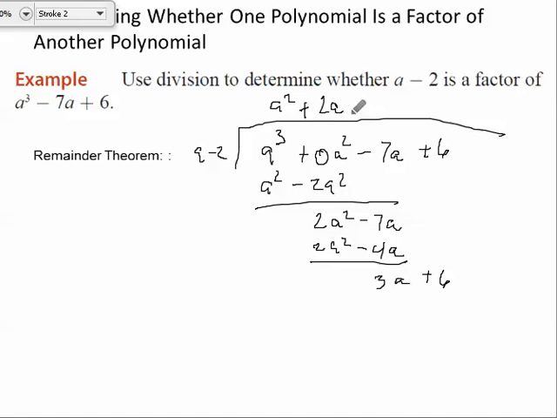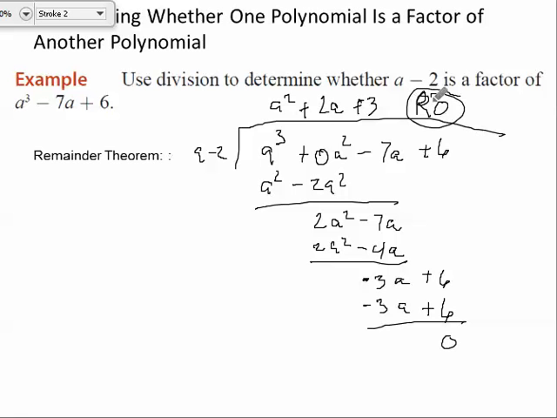And I multiply it by minus 3, which gives us a minus 3a plus 6. Is that a 3a? That's a minus 3a, I'm sorry. So that needs to be a minus 3 there. So that'd be a minus 3, that'd be a plus 6. And that gives me a 0. So I get a 0 remainder.